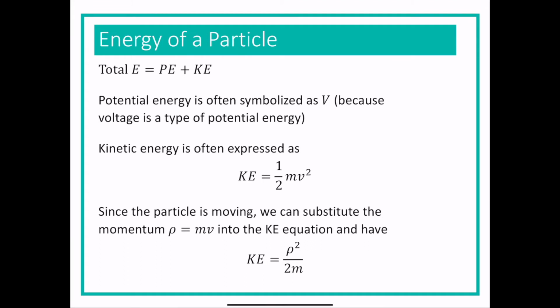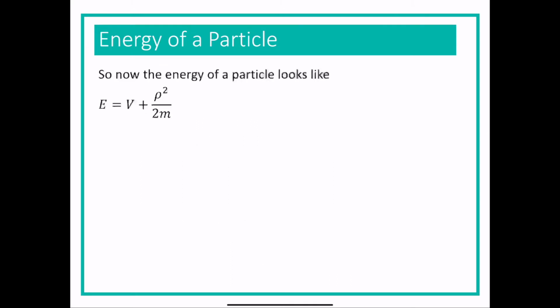So we're actually going to have p squared over 2m. That's the same thing. All we're doing is looking at the momentum, combining the mass and the velocity, because we can't measure the velocity. We can actually look at the momentum some, but we don't measure the velocity. So the energy of a particle now looks like V, whatever V might be, plus p squared over 2m. Just whatever voltage exists, and then whatever momentum squared over 2 times the mass.